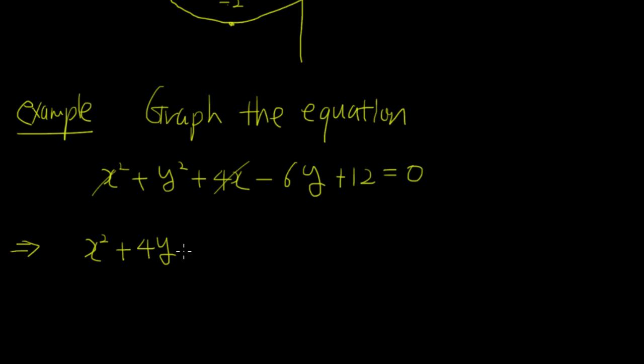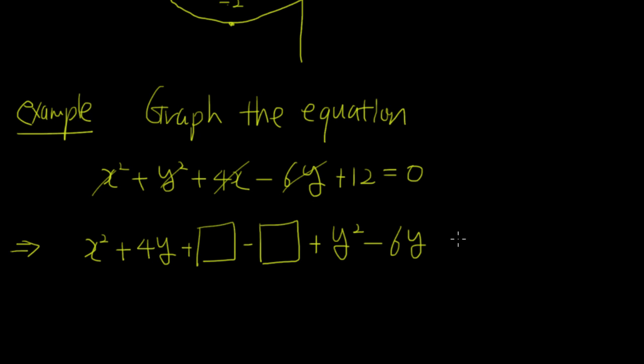Once we write these two x terms together, we're going to set up the plus box and the minus box. Plus y squared minus 6y. So we dealt with this and this. And the same way, we're going to set up a plus box and a minus box, plus 12 equals 0.